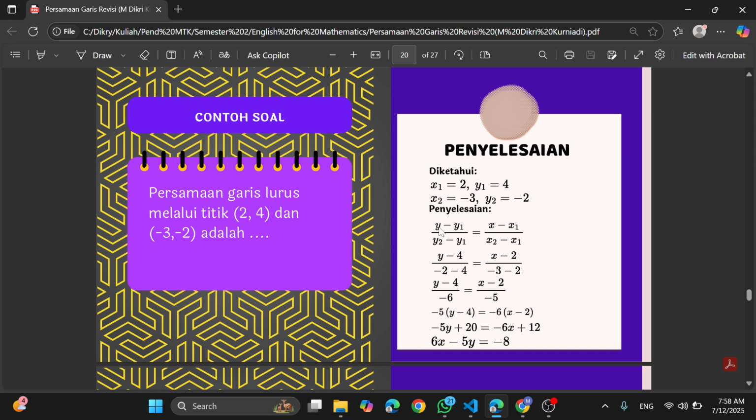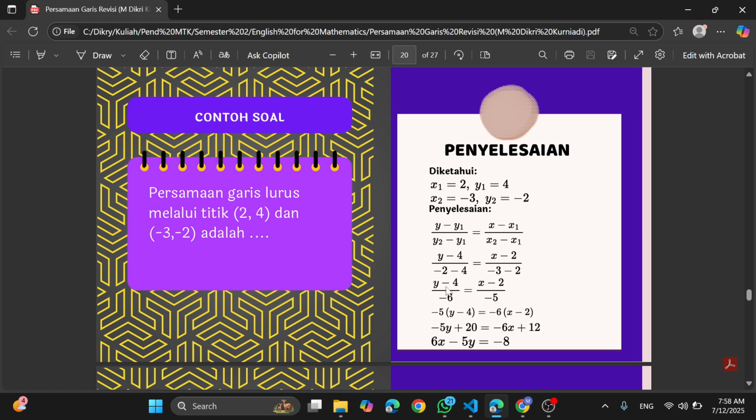The solution: y minus y1 over y2 minus y1 equal x minus x1 over x2 minus x1. We can substitute the variables into this equation. We will have y minus 4 over -2 minus 4 equal x minus 2 over -3 minus 2.